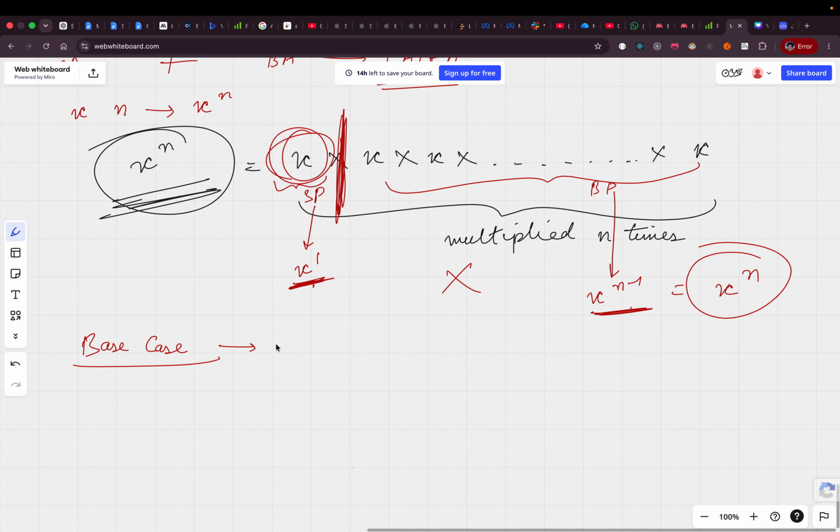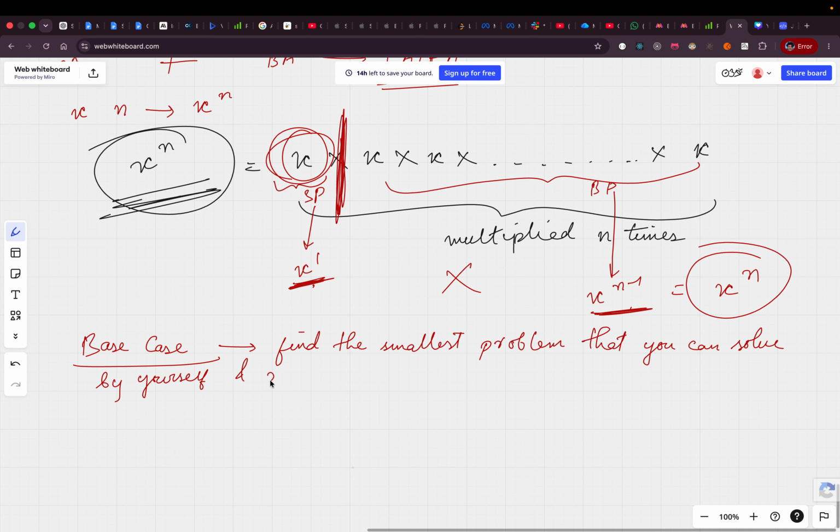A base case is nothing but: find the smallest problem that you can solve by yourself, and return the answer for it.